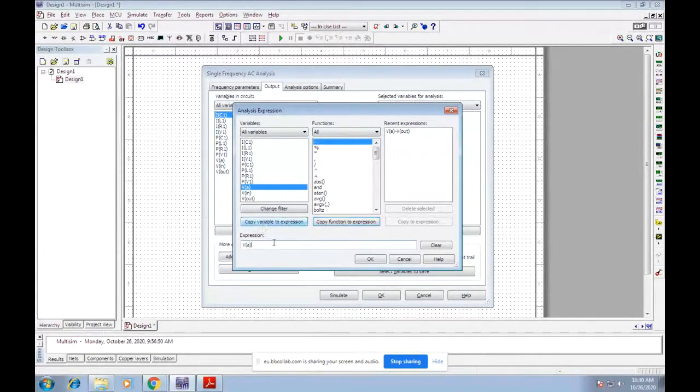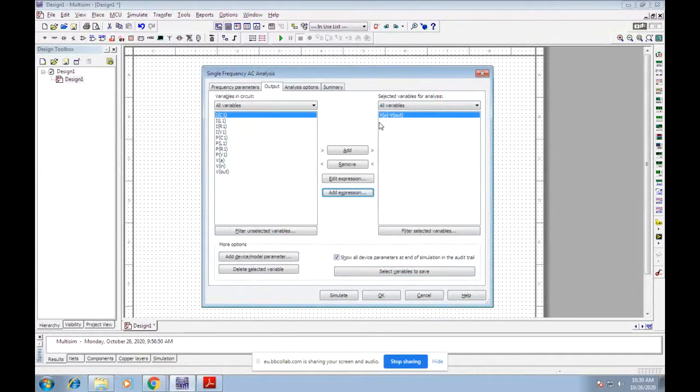After that minus, you will get it here. So you got VA minus. Also we need minus V out. So select V out, copy variable to expression. So you will get VA minus V out. Press OK. You can see this expression will be appearing here. VA minus V out. This is for inductor.